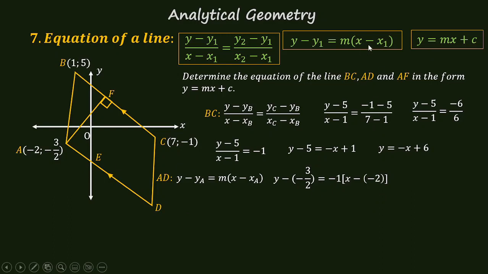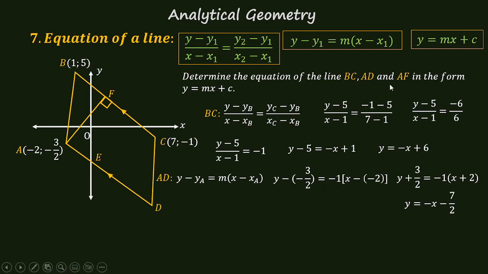Remember the equation says x minus, and this is also negative, so it will be minus minus 2 as well. So all we have to do is simplify to arrive at y equals minus x minus 7 over 2. So the gradient value for the straight line AD is minus 1, which is the same gradient as the straight line BC because the 2 lines are parallel to each other. And the y-intercept, or the value of c, is minus 7 over 2.